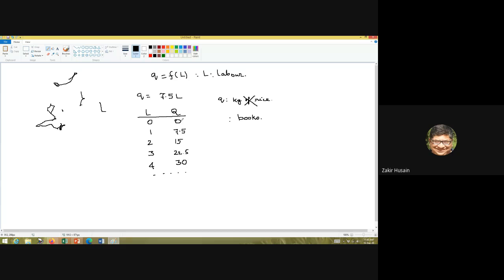You don't buy any books. 15 books possible. 30 books. Well, it's huge. Your course must be very tough, but still, it's possible. But what about 7.5, 22.5? They aren't possible. Not possible. So often output may not be divisible.